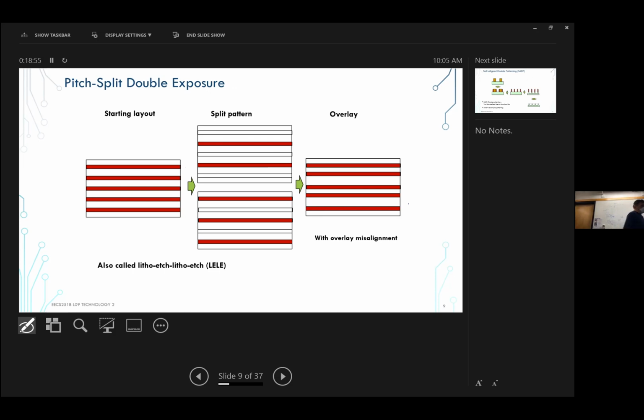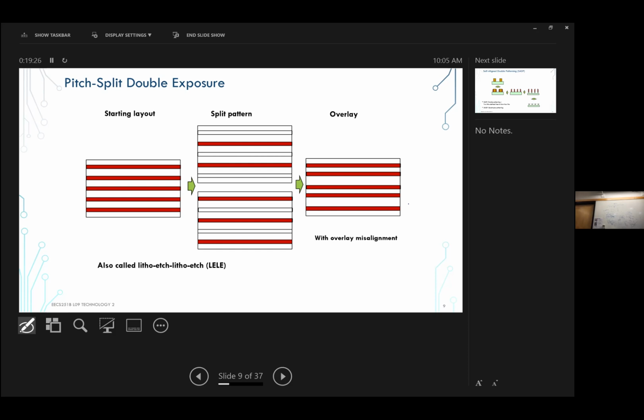The other double patterning, the more common one, will give you a lot of very similar errors, like coloring errors in the design, if you are working with truly double patterning processes. That is when you do pitch split double exposure, and that may go together with cut masks as well. So here's what they would do.